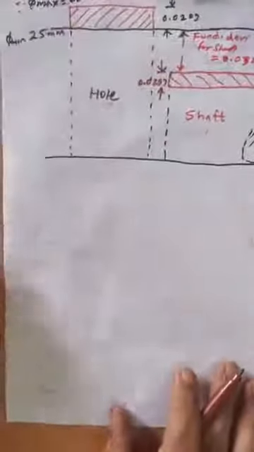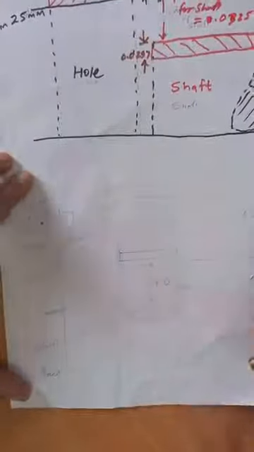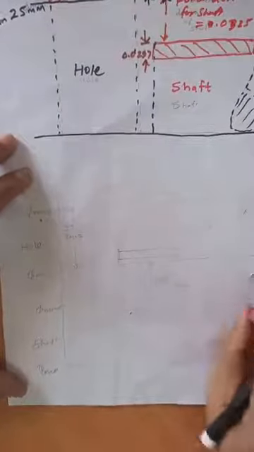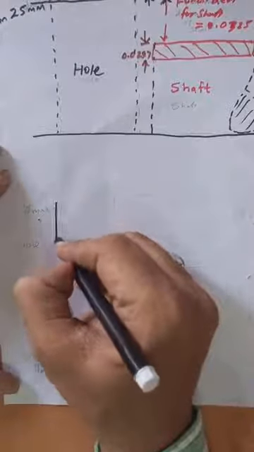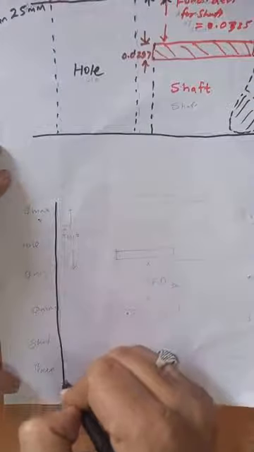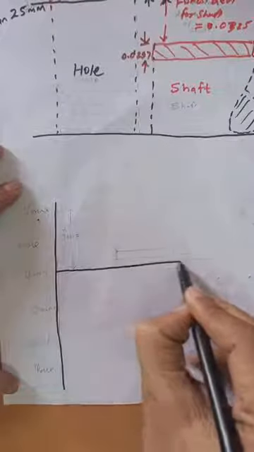Now how to draw the figure which we have to draw in gauge design. So draw this type of line. This is the basic size.